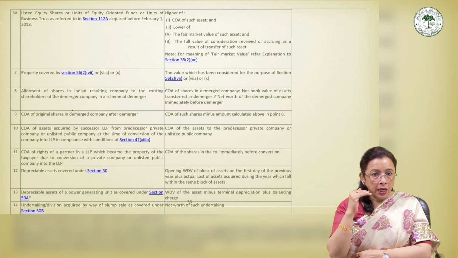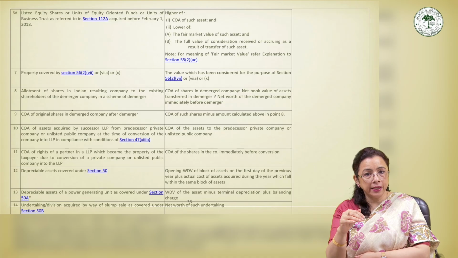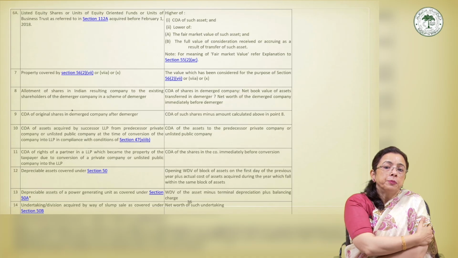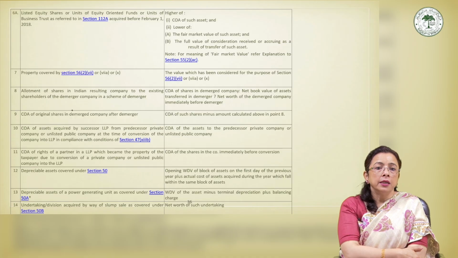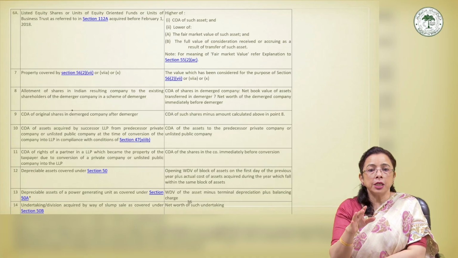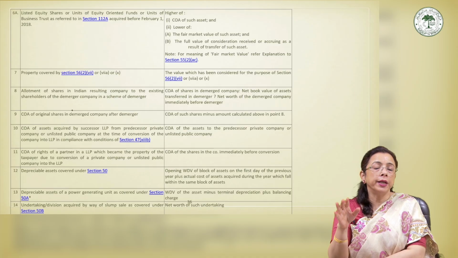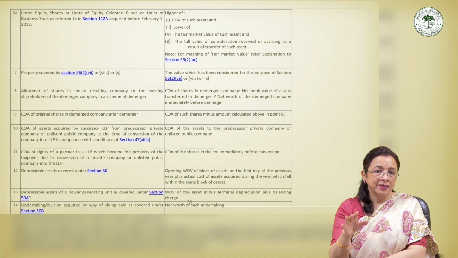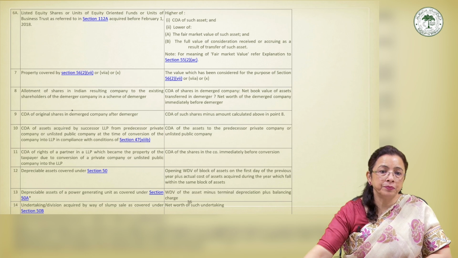Since here the shareholders do not directly purchase any new share, a special allocation rule is required, and this ensures equitable division of original investment between the old and the new shares. So, this is about the shares received in demerger.